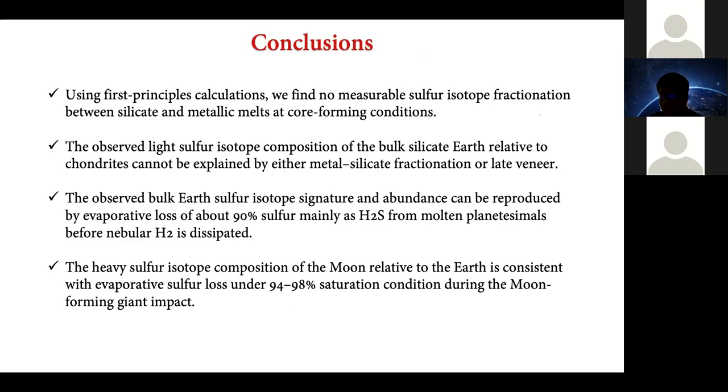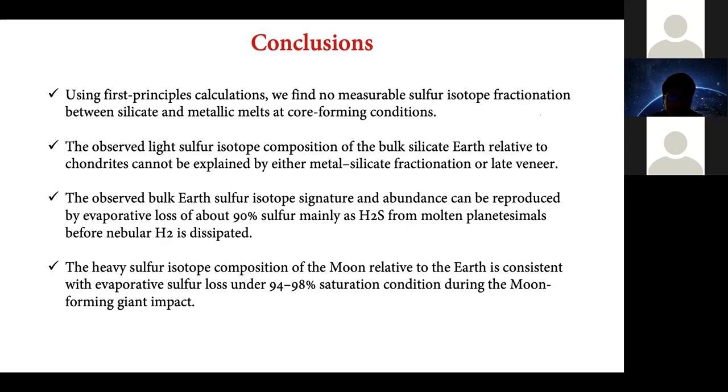So here are our conclusions. Using first-principles calculation, we find no noticeable sulfur isotope fractionation between silicate and metal melt at core-forming conditions. And the observed light sulfur isotope composition of the bulk silicate Earth relative to chondrites cannot be explained by late veneer or core formation.